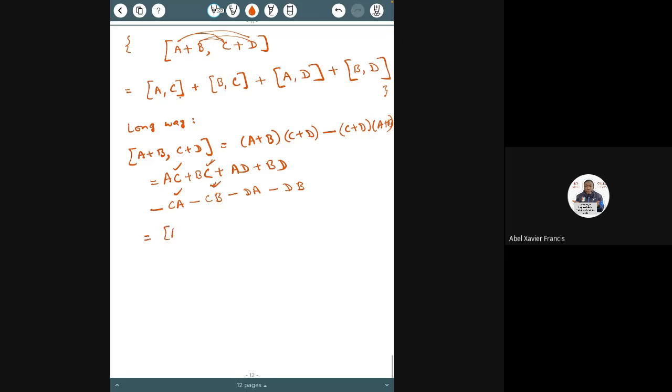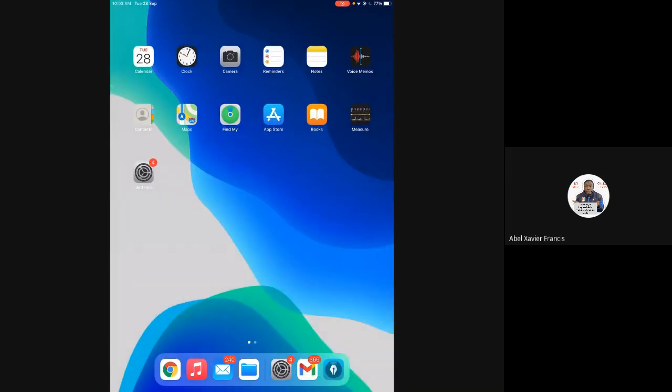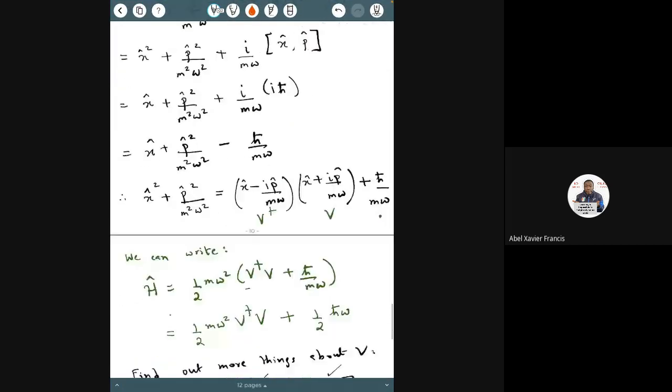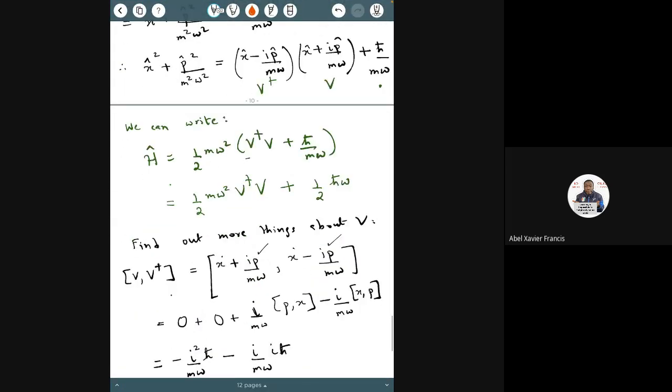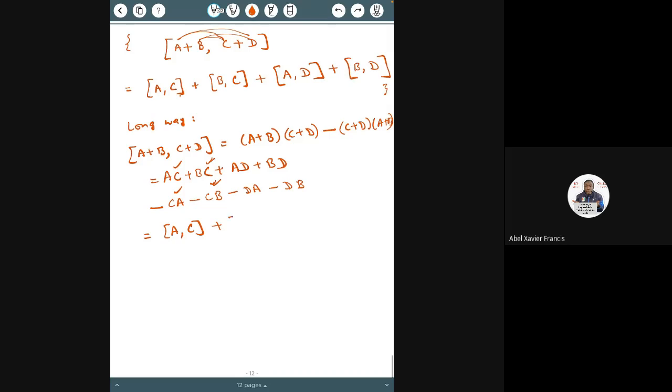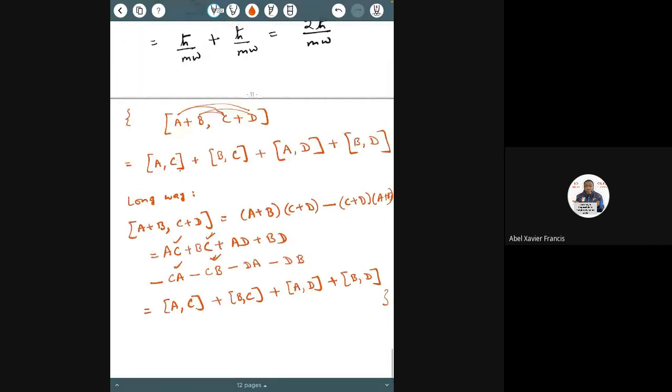So you get AC commutator from here plus BC commutator plus AD commutator plus BD commutator. So even if you had opened it out, you would have got the same thing. This is just a short way of simplifying.